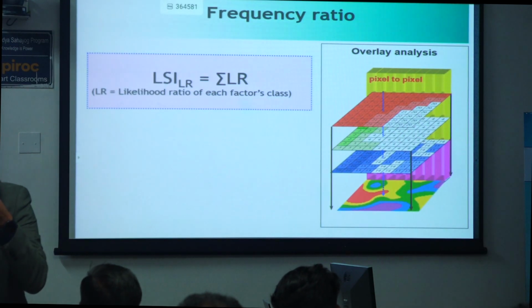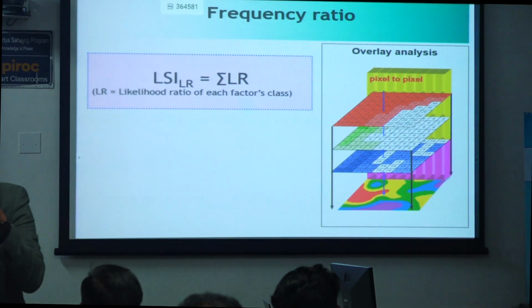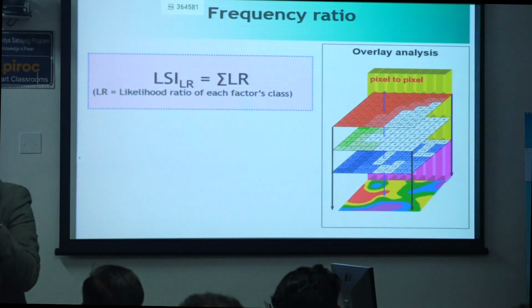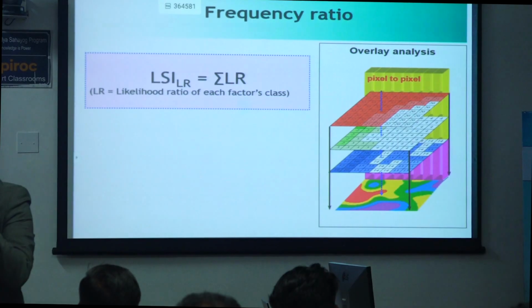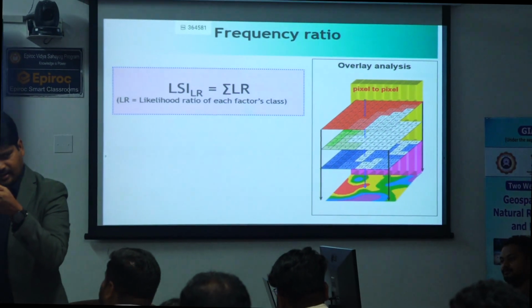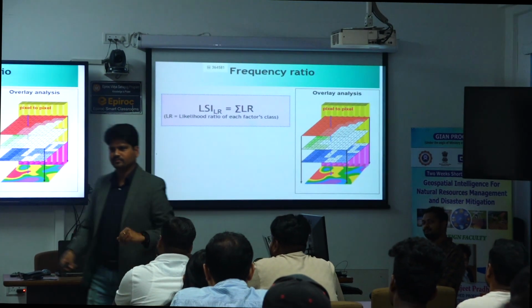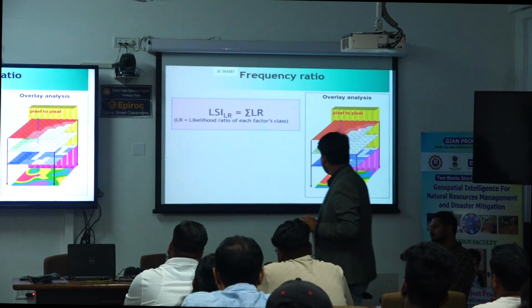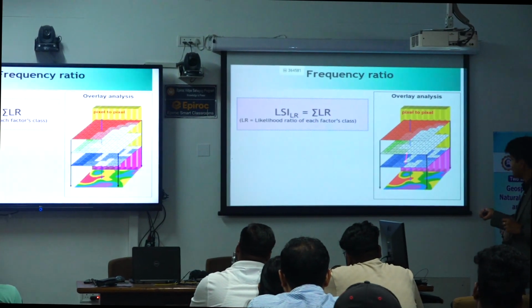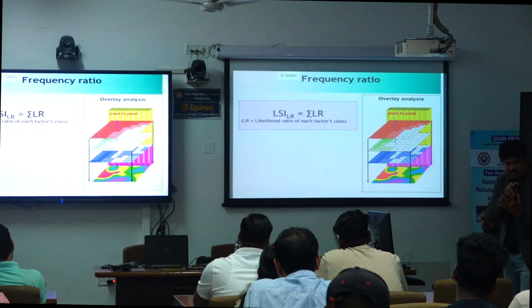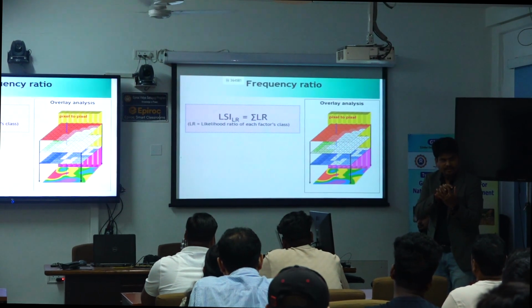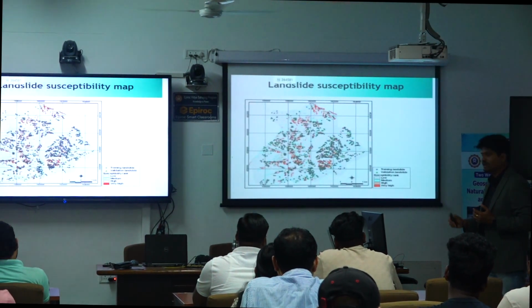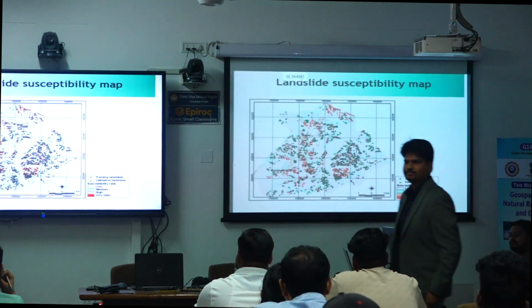That means reclassified frequency ratio of slope plus reclassified frequency ratio of aspect plus reclassified frequency ratio of curvature. Okay? So in here you can see they are already classified corresponding pixels. Right? Finally, you get a map like this.